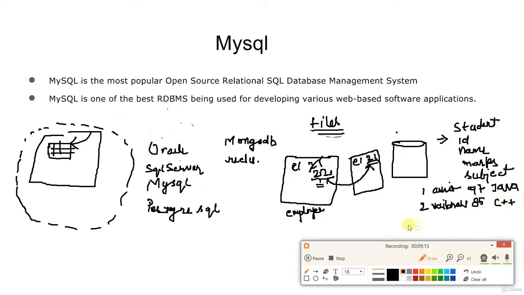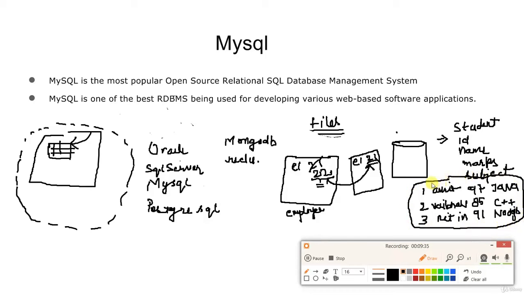Then one more student, 3, his name is Nitin, his marks are 91, and his subject is Node.js. Node.js is a very popular server-side tool written in JavaScript. Of course we are not going to see this in this video, but still just see this.